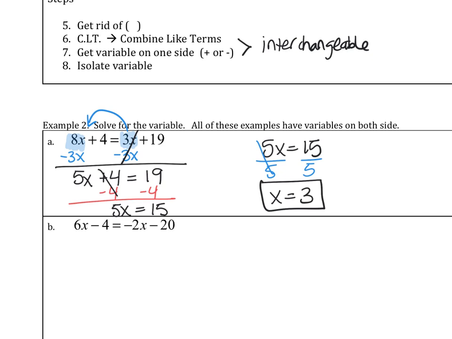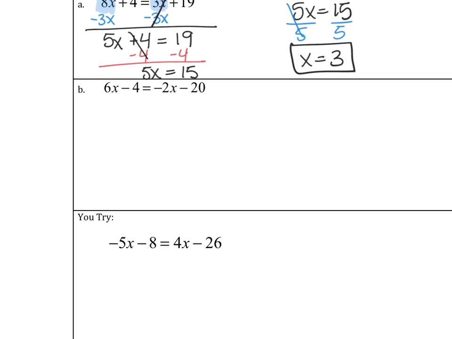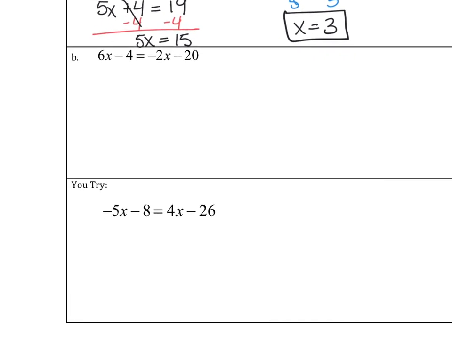Okay? So in this one, we get rid of parentheses, but if there are no parentheses, the next step is to move your variables onto one side of the equation. So notice in the next one, there are no parentheses, but I do have like terms that I can combine. I've got 6x and I've got a negative 2x that is on the other side. So I like to put my variables on the left. So if I want to move this 2x onto the left side, I have to do the opposite.